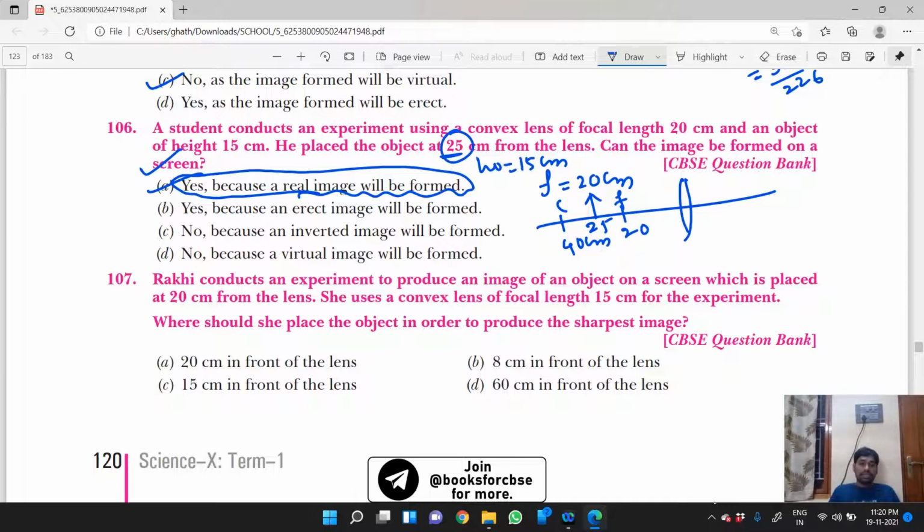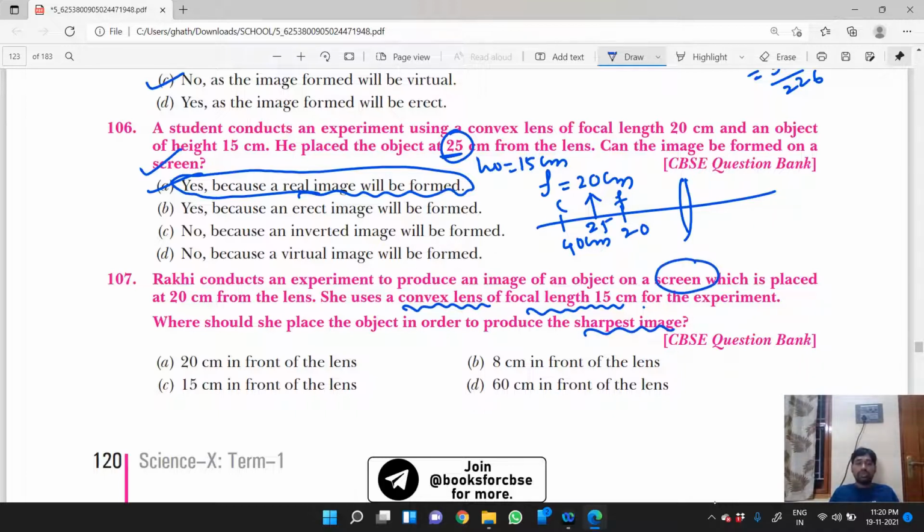Next, Rocky conducts an experiment to produce an image of an object on a screen which is placed 20 centimeters from the lens. She used a convex lens of focal length 15 centimeters for this experiment. Where should she place the object in order to get a sharp image? So she wants it on the screen.